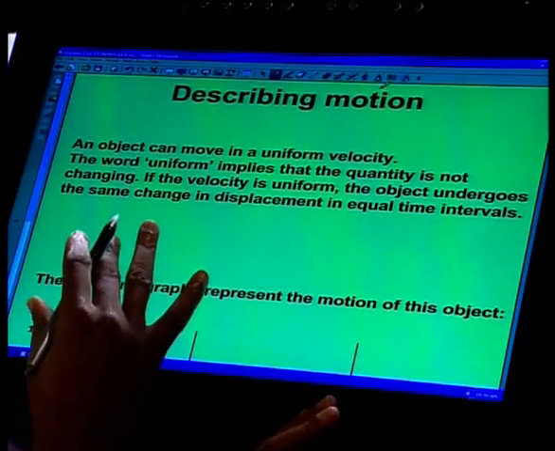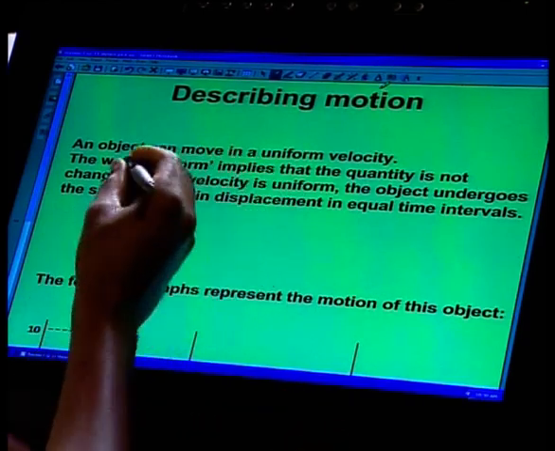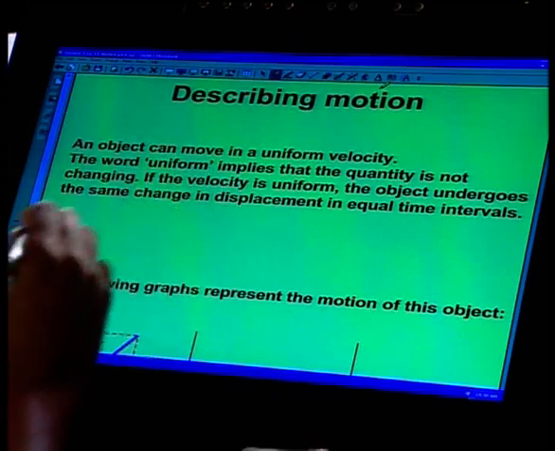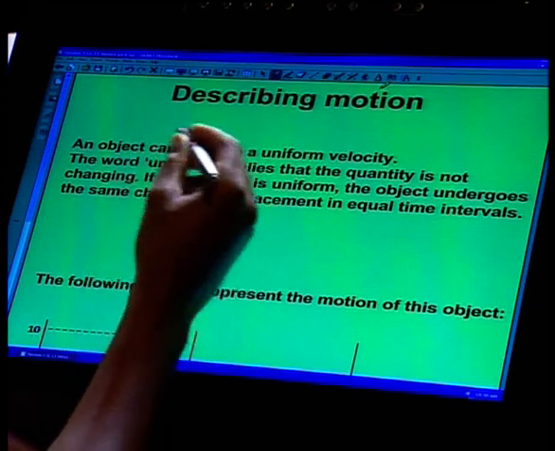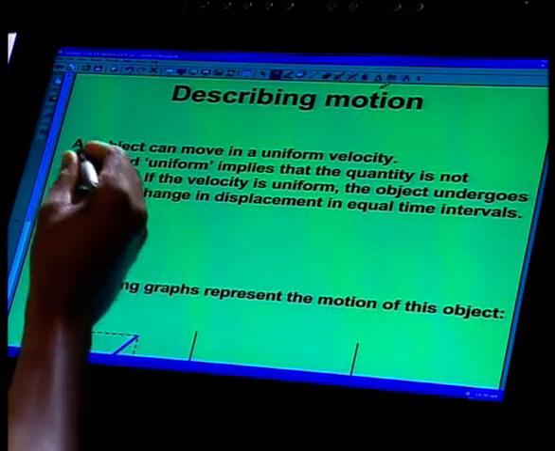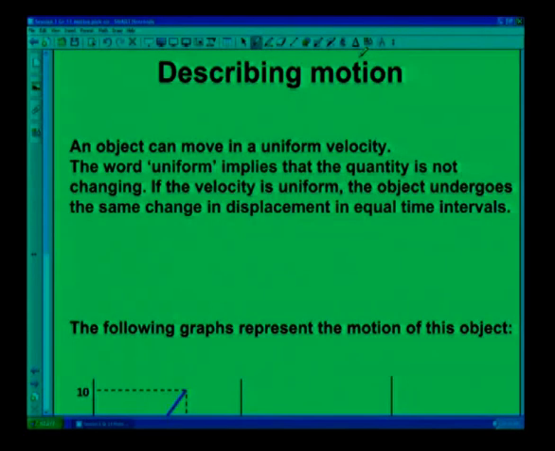Now, let's continue trying to talk about describing motion. Right, so in describing motion, we do make use of different quantities like I explained, and having a look at what we have here, we are also saying an object can move in uniform velocity.